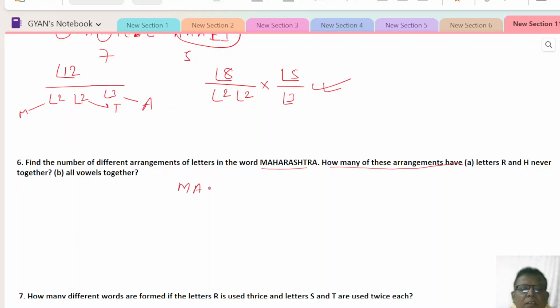M A H A R A S H T R A. See how many letters there are? 1, 2, 3, 4, 5, 6, 7, 8, and 9.